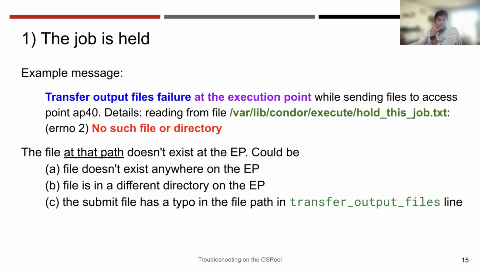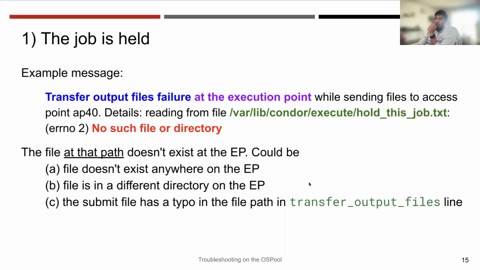Or the file didn't exist on the execution point where your calculation was running, or the path that you had in your job submit file for the transfer output files was different, because the file was produced in a different directory. So HTCondor couldn't find the file. Or, as a common error that we also see, the submit file has a typo in transfer output files, either in the name or in the path.